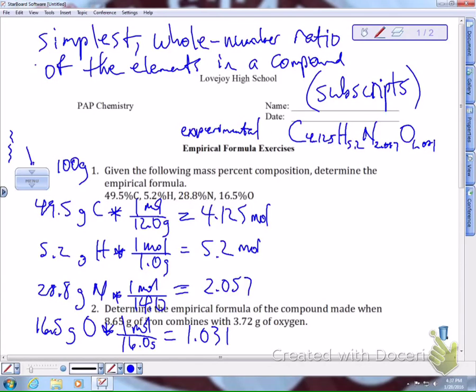Now to make it empirical, we need to get the simplest whole number. Right now, those numbers are neither simplified nor are they in whole numbers. So the one that we have to do every time is to simplify the ratio. And we're going to do that very simply by going back to our moles, and we're going to divide each one of them by the smallest number.